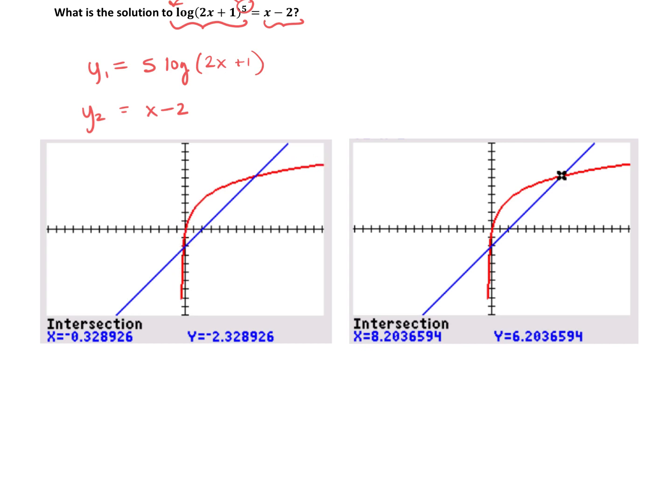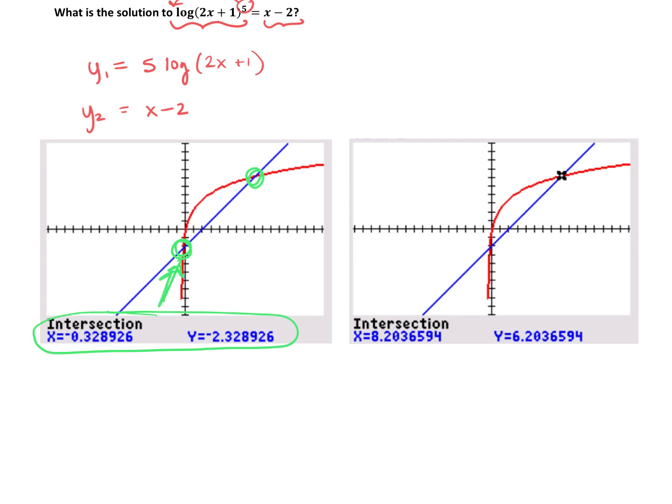What we want to notice is that there are two intersection points. These two functions cross here and they cross there. So what I did was I just had it calculate both intersection points. The first one, where it says intersection x and y, is for that intersection point on the left.